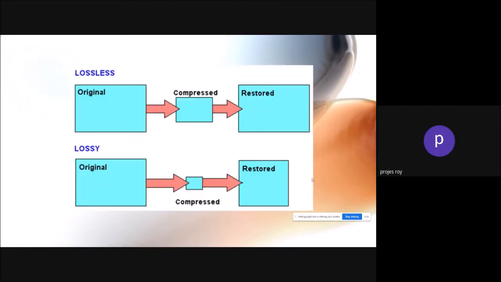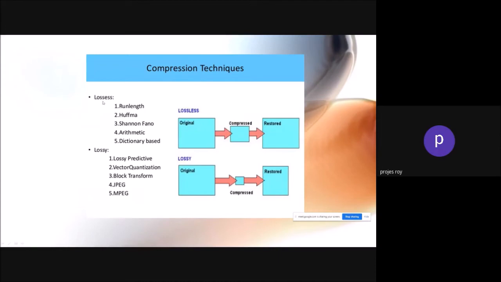Now, when we go for compression, you are reducing the photograph, and then you have two types of concepts. It's lossless and lossy. In lossless, original, compressed and restored. And lossy, original, compressed and restored. Now, Run-length, Huffman, Shannon-Fano, these are the concepts. These are the standards of the format of compression technique.